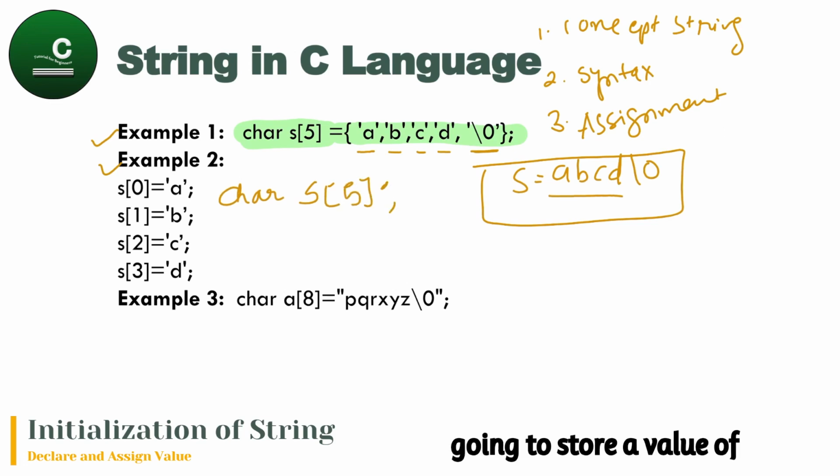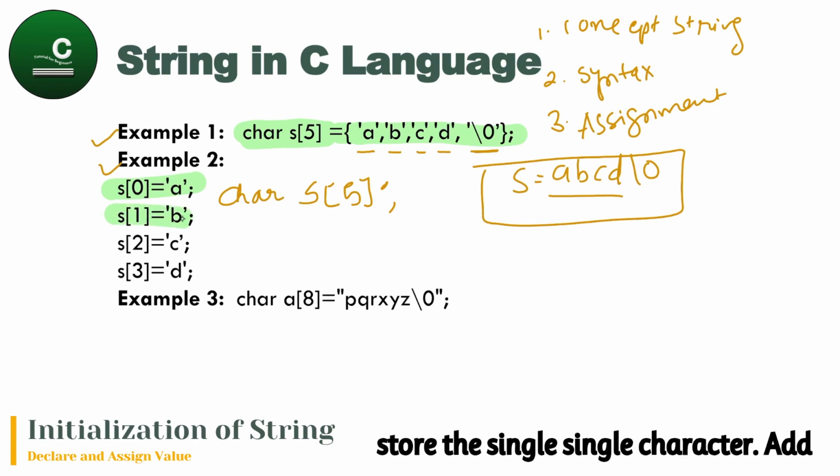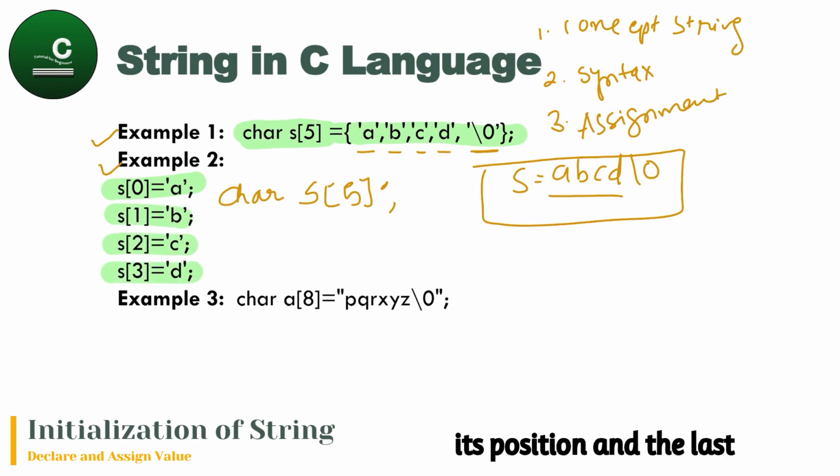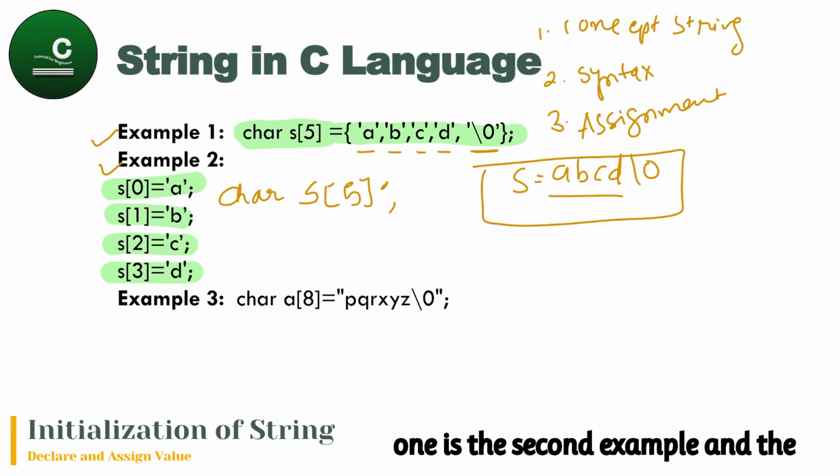But here I am going to store values in the string with an index. So s of 0 equals a character in single quotes, so it will store the single character at its position, and the last one will be the null character. So this is the second example.